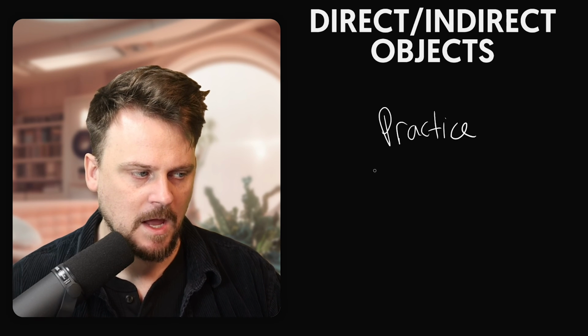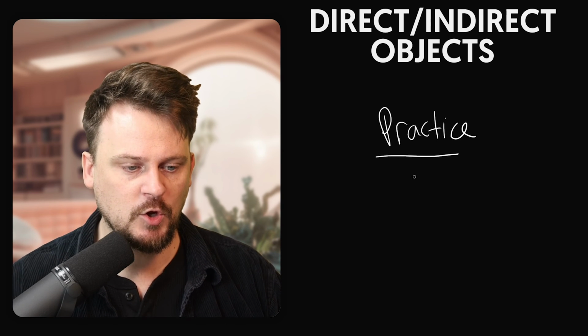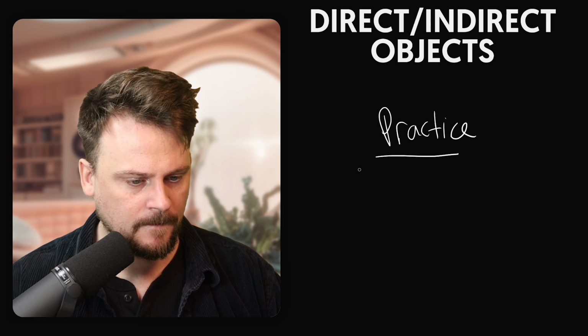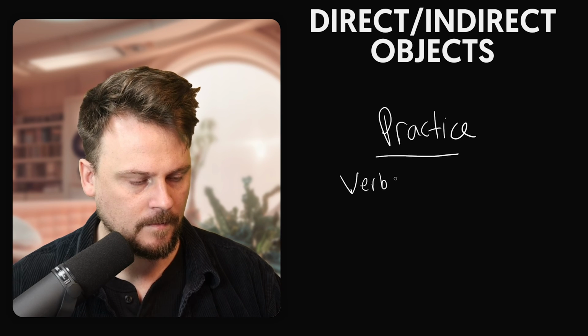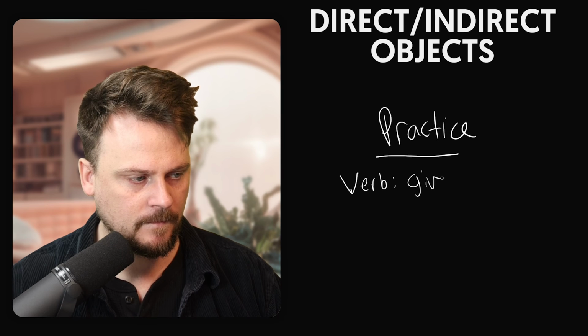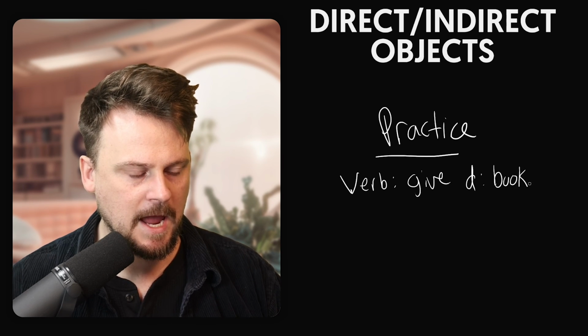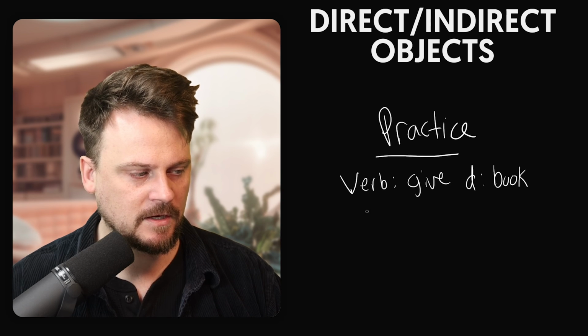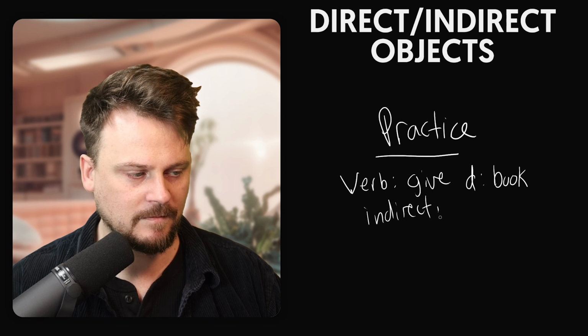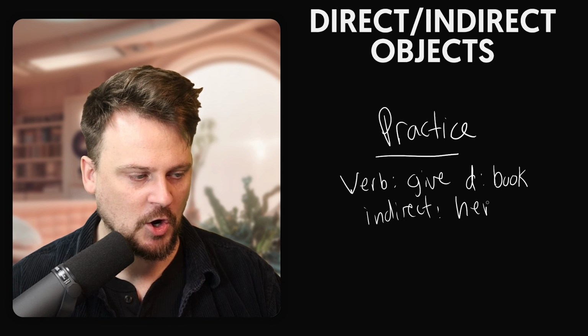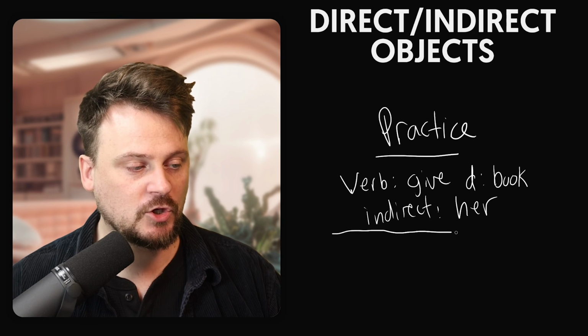I want you to create 4 sentences using, first, the verb give, direct object book, and indirect object her. And I want you to make 2 with that.